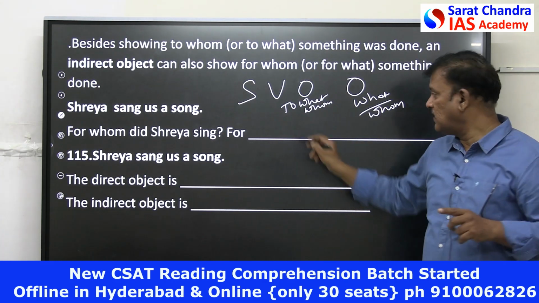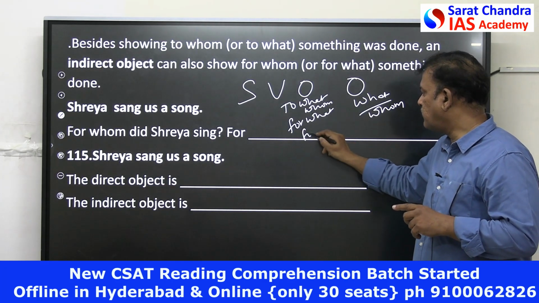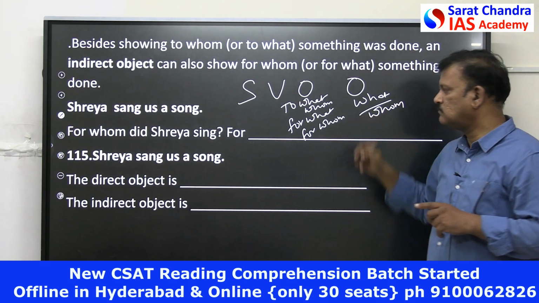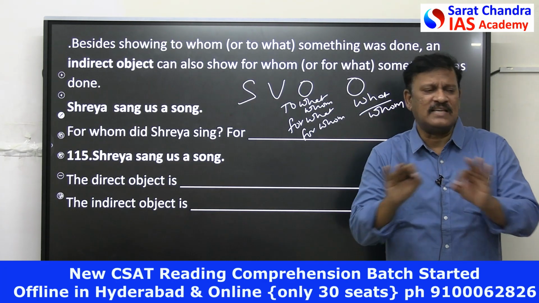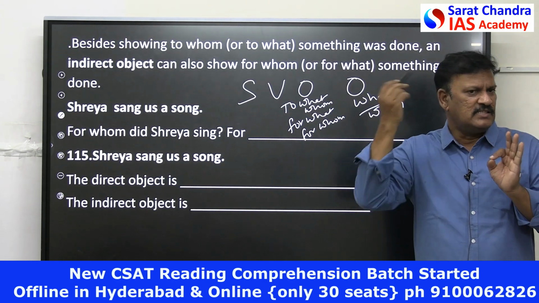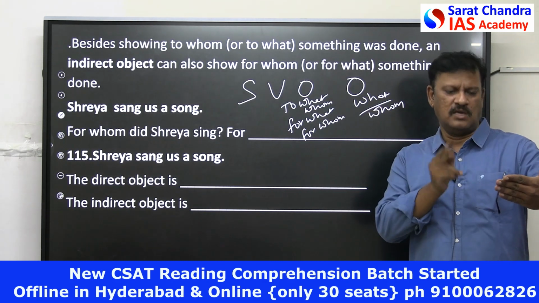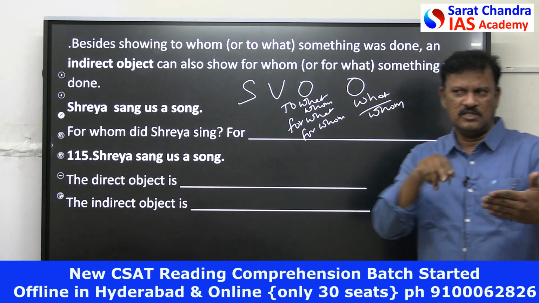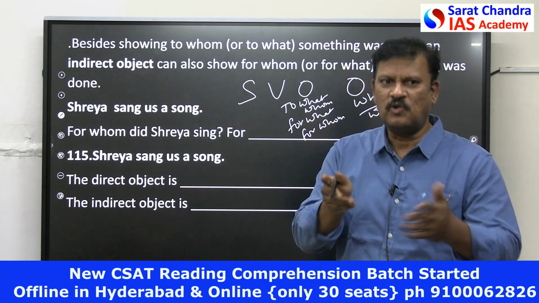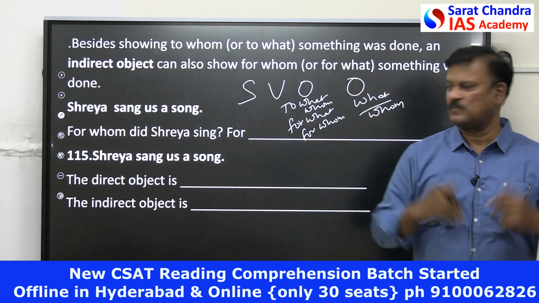It can also be for what and for whom. Very basic level things. When you read a sentence grammatically, this is what goes on at the back of my mind. This is a verb. Okay, this is what, this is for what, this is to whom, this is who, whom, right? Then I get my structure.